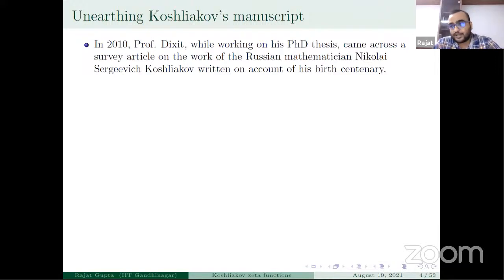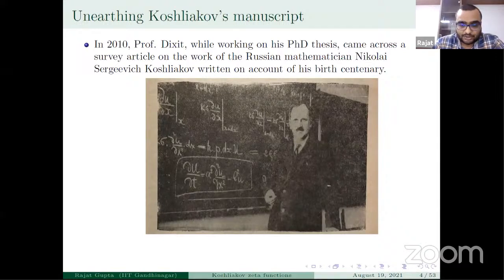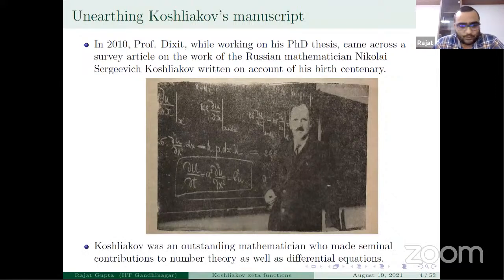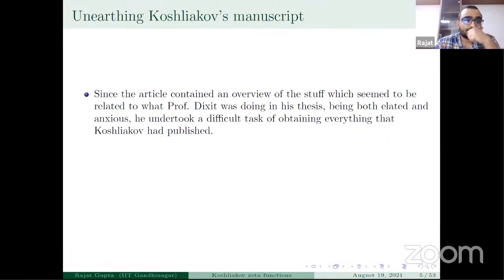He came across a survey article which was written on the account of the birth centenary of Nikolai Sergeyevich Koshlikov, a Russian mathematician. Here's the picture of Koshlikov while giving a class to his students. He was an outstanding mathematician who made seminal contributions to number theory as well as to differential equations.